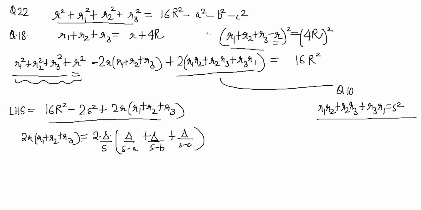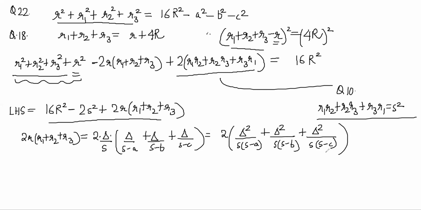So it becomes 2 times del square by s minus a plus del square by s minus b plus del square by s minus c.